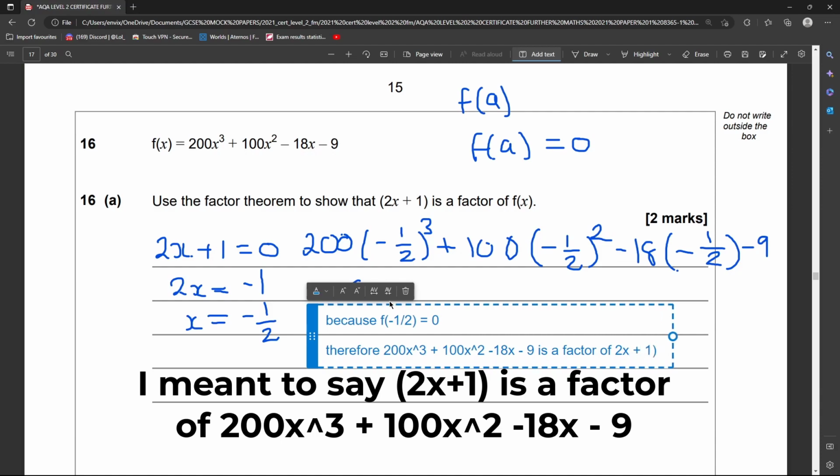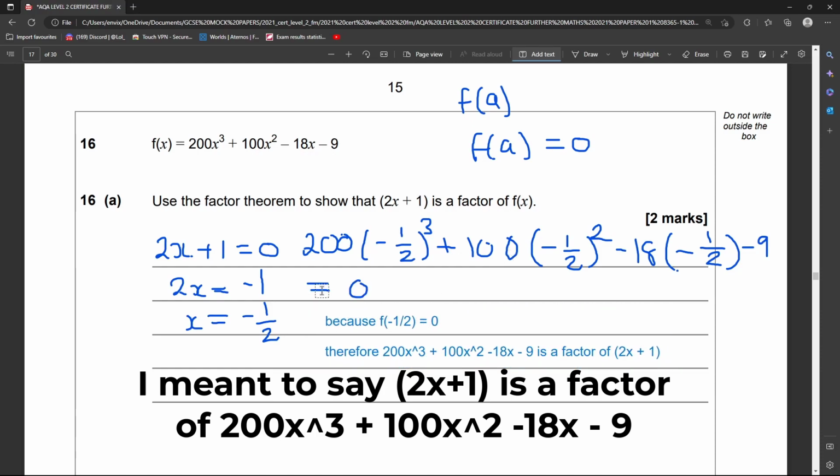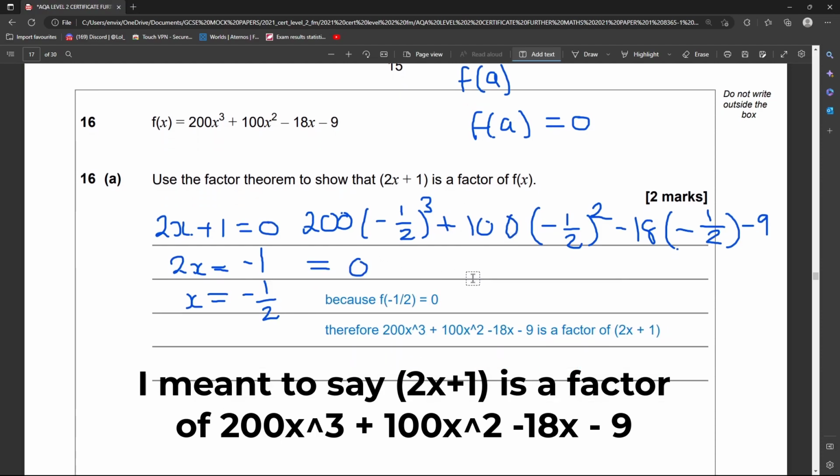And basically, we write that statement just to show the examiner that we know what we're talking about. We want to get the full 2 marks from this question.